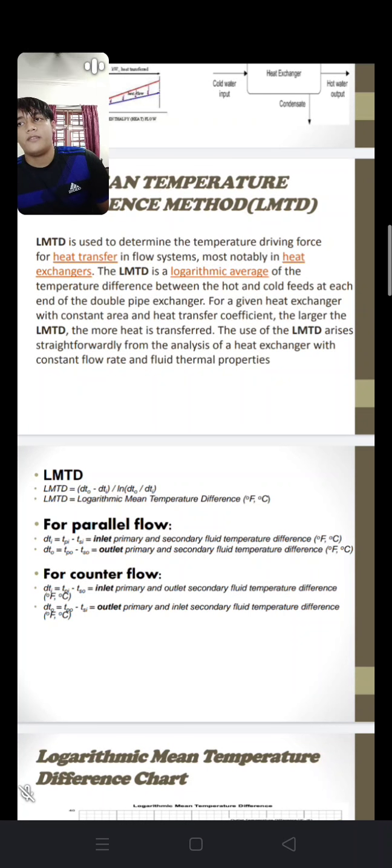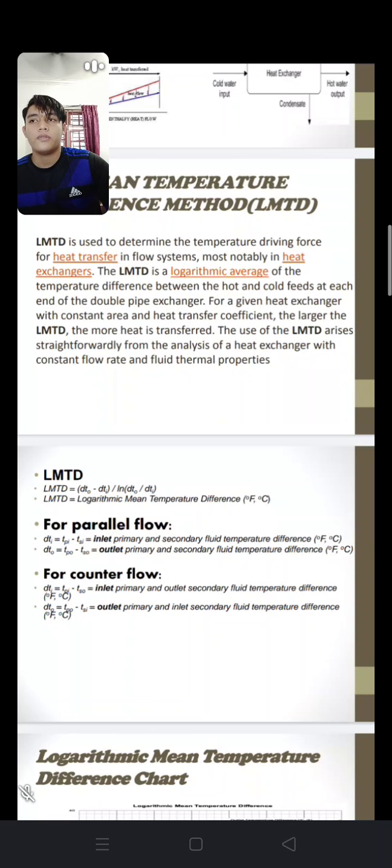Seterusnya for parallel flow, DTI sama dengan TPI tolak TSI sama dengan inlet primary and secondary fluid temperature difference. Seterusnya DTO sama dengan TPO tolak TSO sama dengan outlet primary and secondary fluid temperature difference.